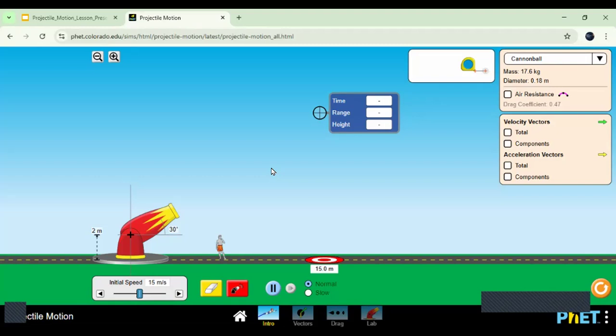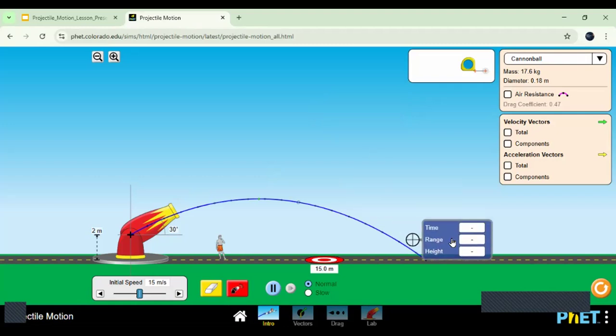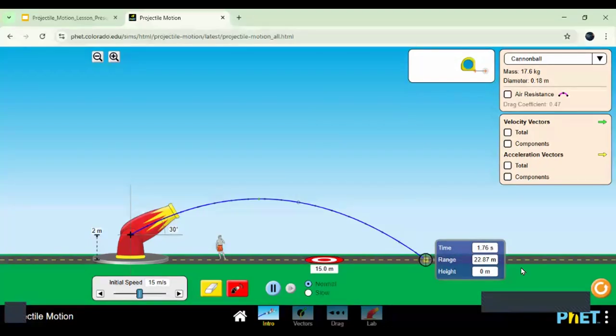I'm going to fire it now, and then start sending me your predictions. Now, let's do this. Wow. Okay, nice. Now let's check the range. The range is 22.8 meters.